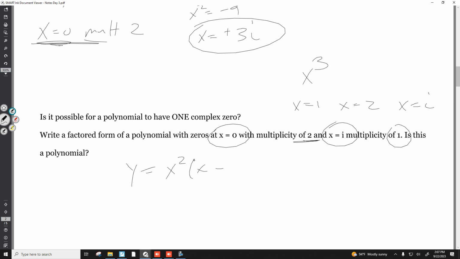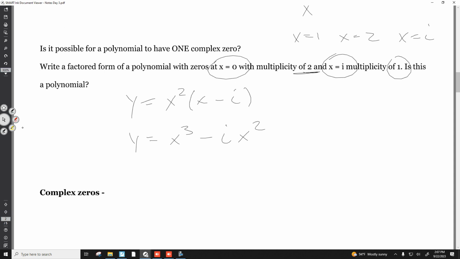X minus i. Is this a polynomial? No, it is not, because when you distribute it, what do you get? X cubed minus ix squared. Guess what?